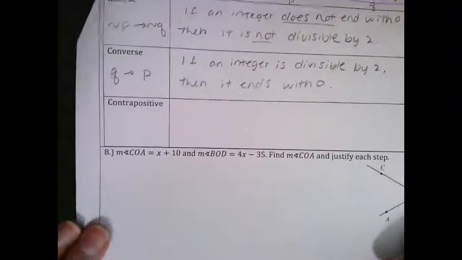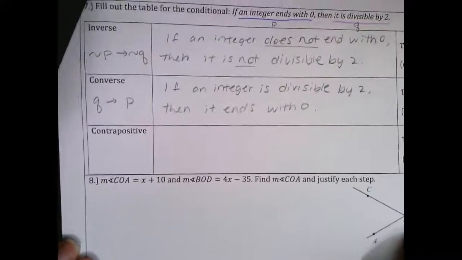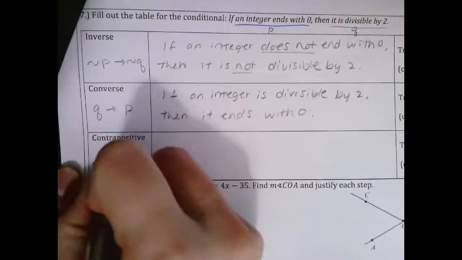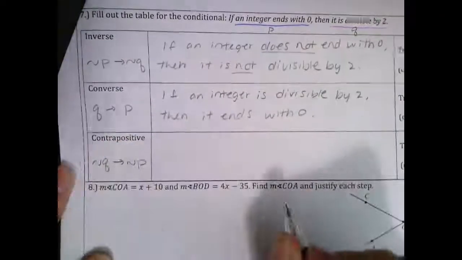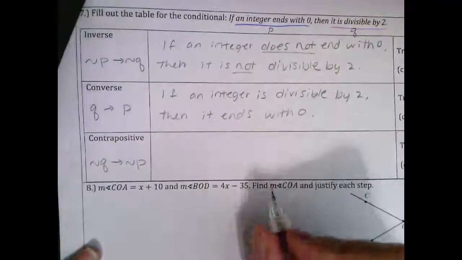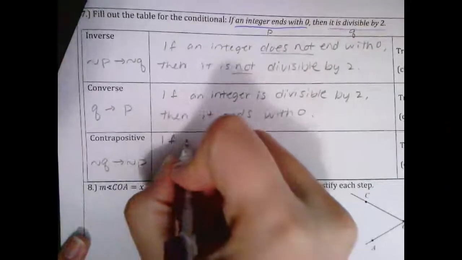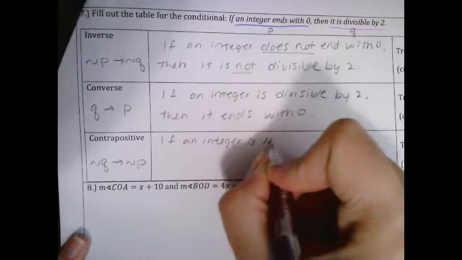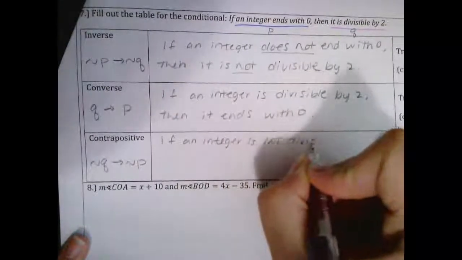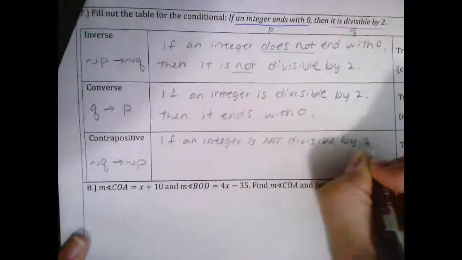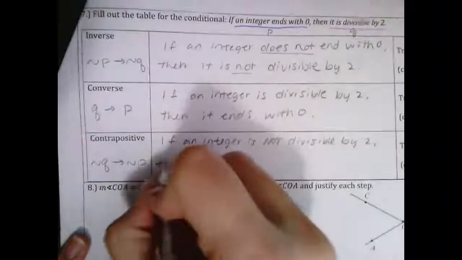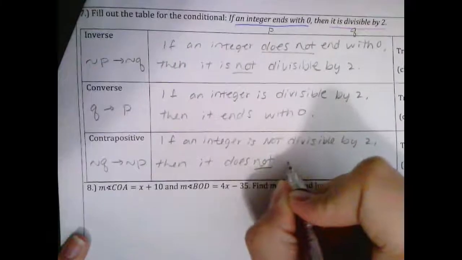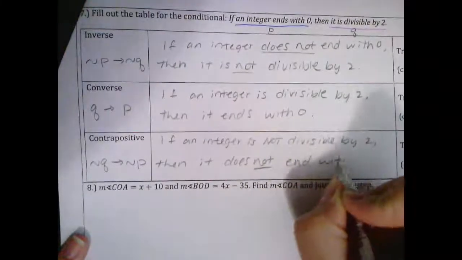Okay, so finally the contrapositive, which kind of puts the inverse and the converse together. We're going to negate Q, negate P, and then switch them. So if an integer is not divisible by 2, then it does not end with 0.